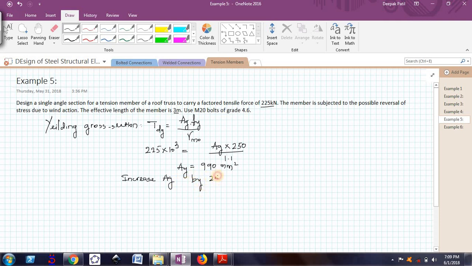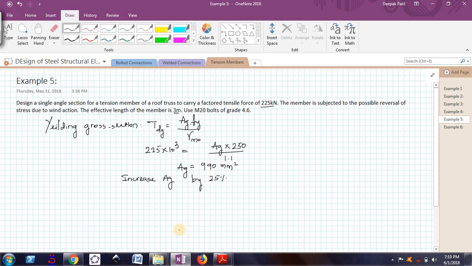If I try to find a suitable angle with a cross section of 990 directly from the steel table and do further calculations, I will be supposed to provide some bolts. When I provide bolts, the gross area once again reduces, so it becomes lesser than the required one. At that time the angle may fail. There are chances of failure.